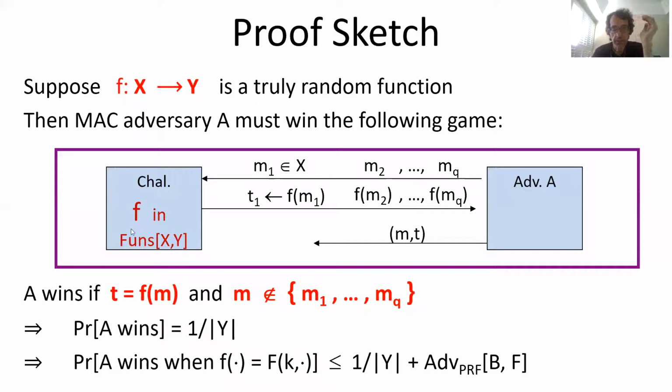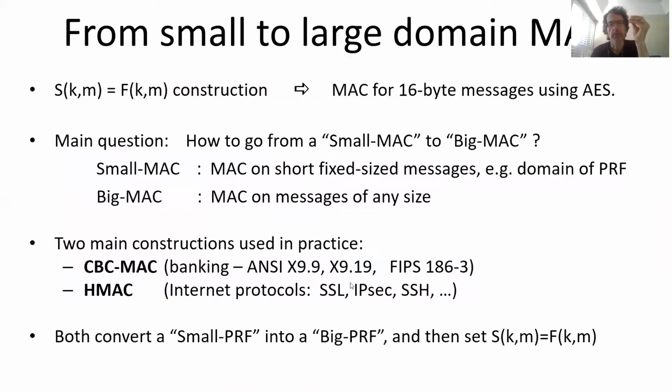Therefore, by the assumption that the PRF is secure, you have some bound on the best advantage that a polynomial time attacker of comparable resources can have against the PRF property. That's the epsilon, and so this will get you the following bound.